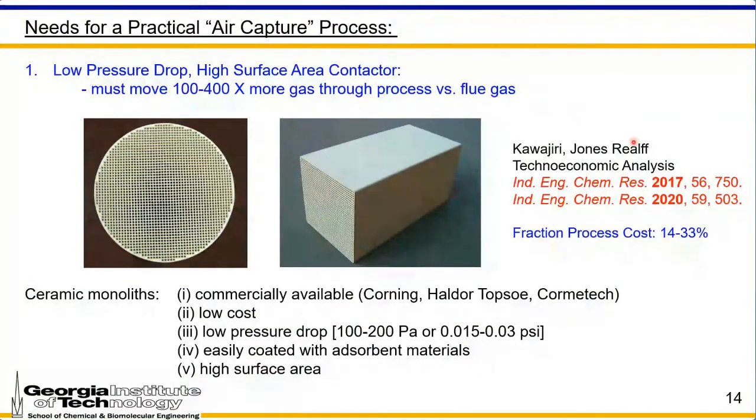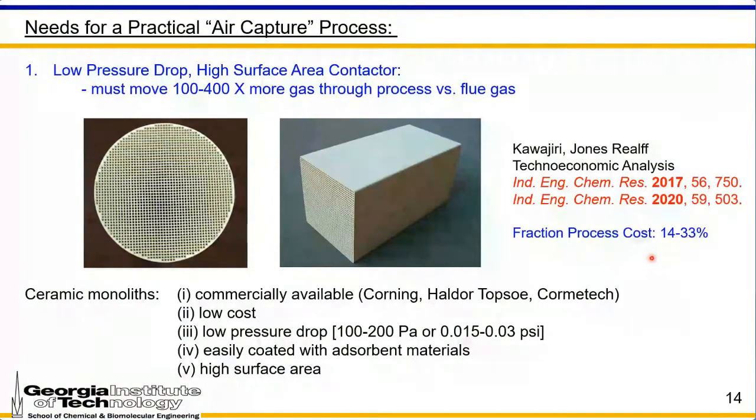A paper written by collaborators studying a hypothetical DAC process a number of years ago estimated that because of the level of dilution, the overall cost associated with the energy to drive gas flow through the separation system could range from roughly 15 to 35%, showing that you really do need to try to focus on minimizing pressure drop.